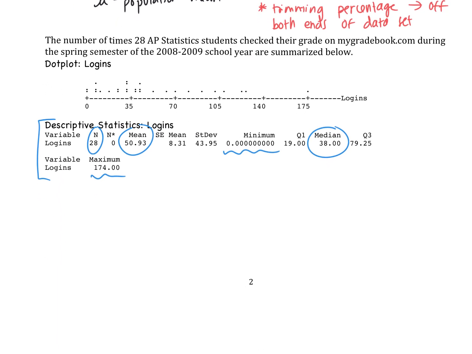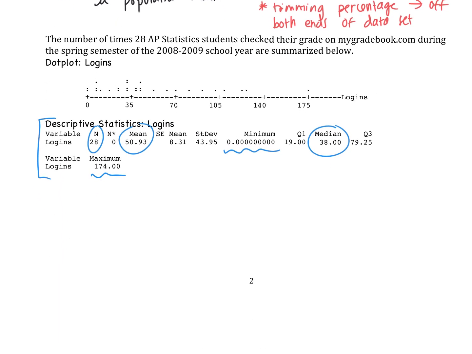One more thing about measure of center, and I think that's it. Sometimes a data set will be described to you. So let's say that I have 100 data points. The question I have is which one would be the median?